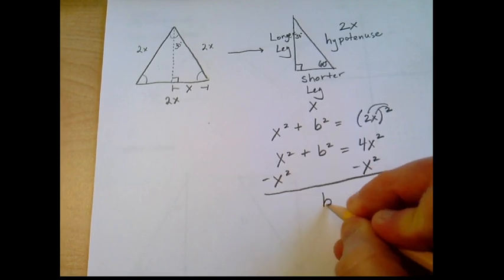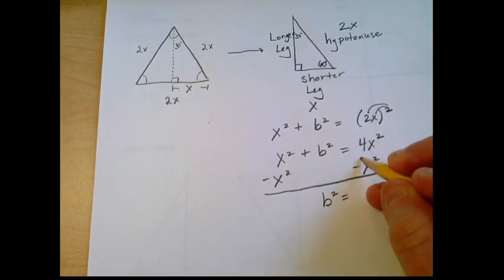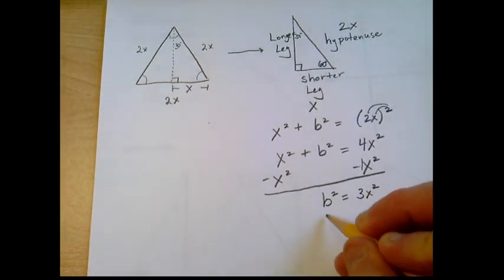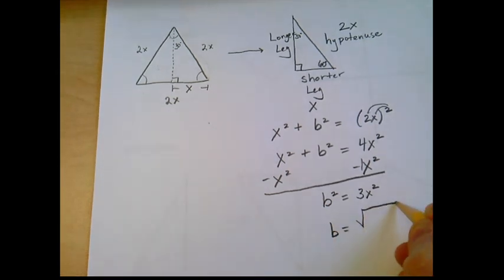I want to know what that length is in terms of x. So 4x squared minus 1x squared gives me 3x squared. And then how do I undo a square? I'm going to square root it.